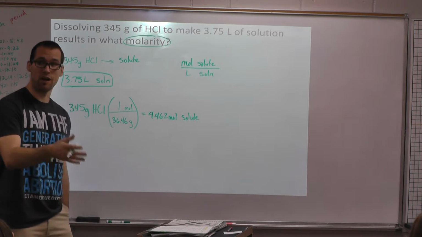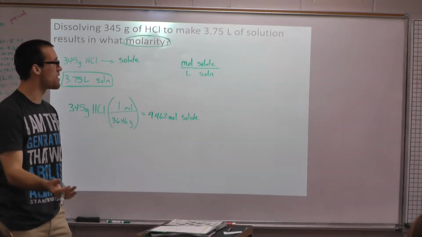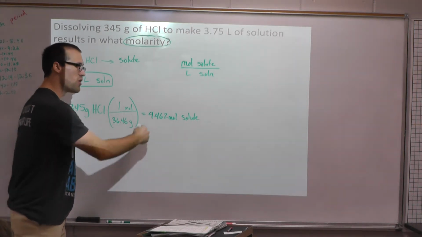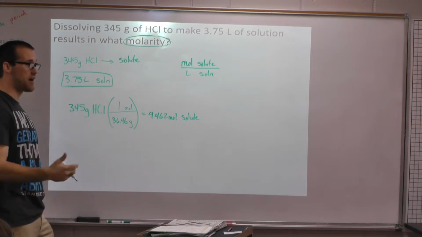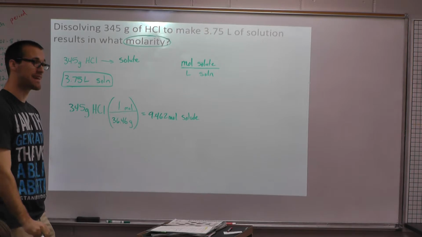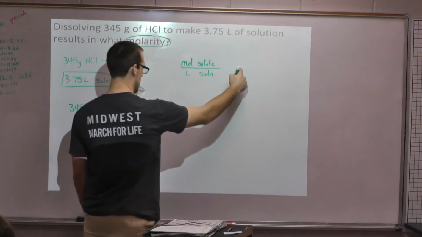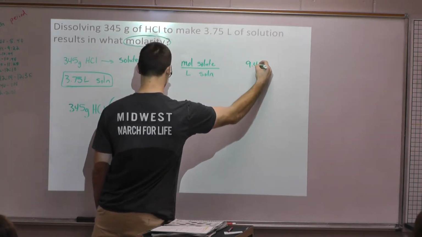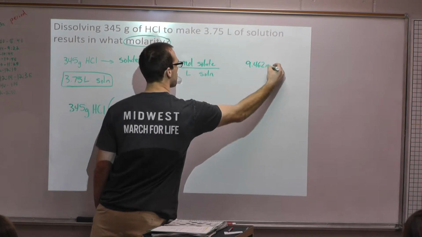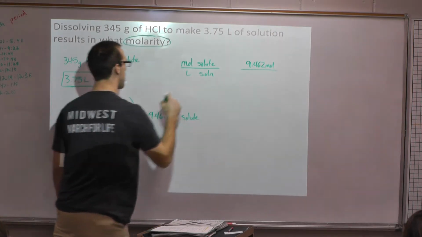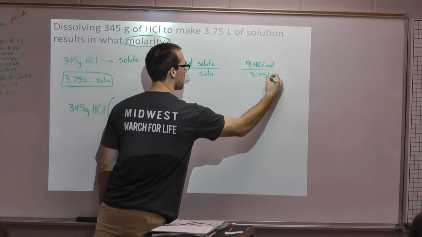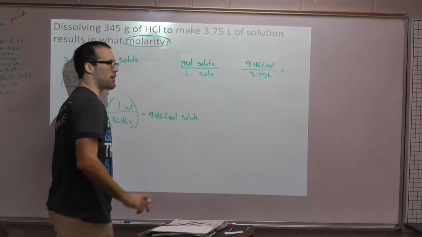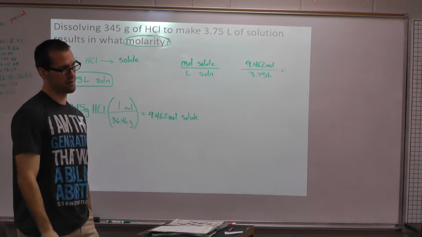Now, we want molarity, right? And molarity is how many moles per liter. Well, we know how many moles we have, and we know the total volume we have, so we can solve how much per 1 liter that is. And that would be taking your mole number and dividing it by your volume. That should give me the amount of moles for every 1 liter.